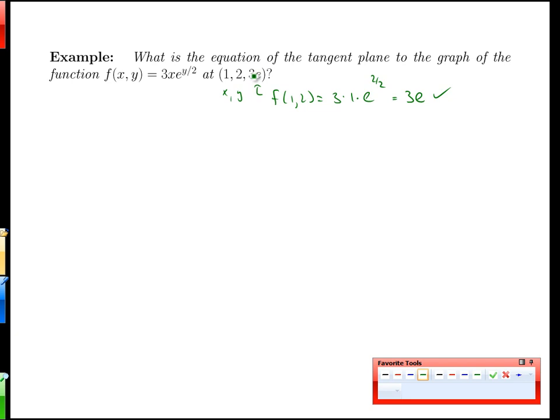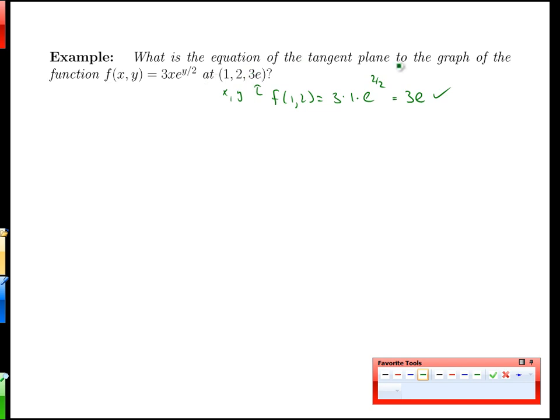Check. So this last value had to be the z value, or the output of our function. Otherwise, it wouldn't make any sense. And it just happened to be given here as a shortcut. You'll see examples in the homework where sometimes this z is given, sometimes it's not.